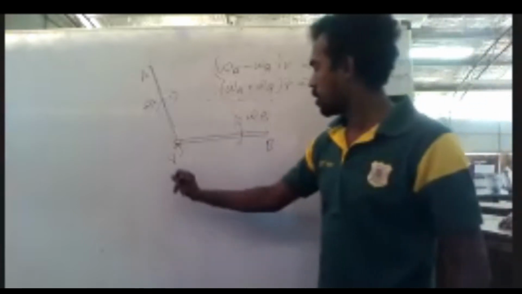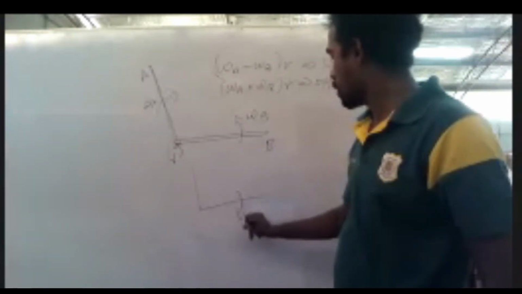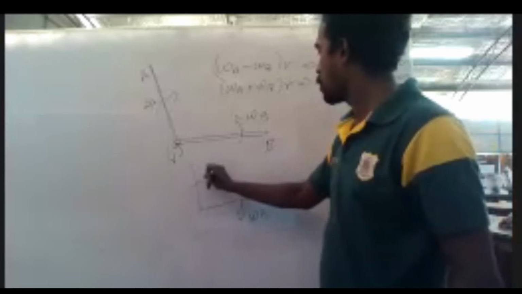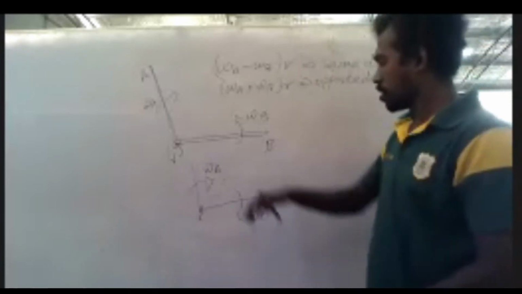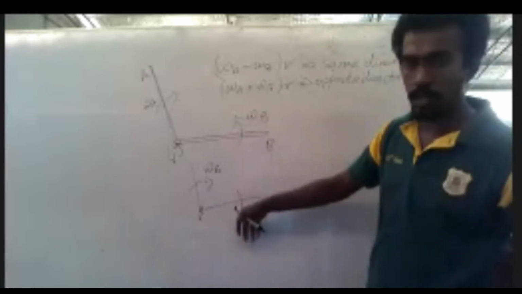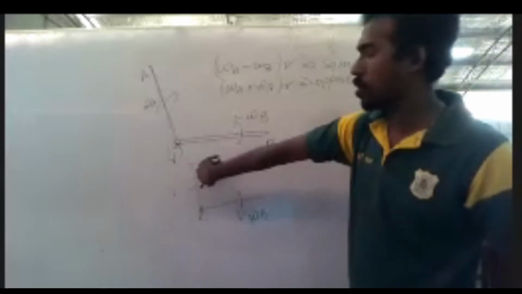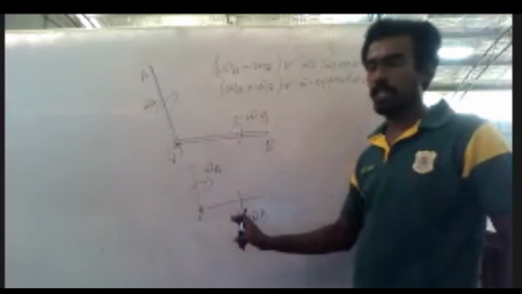In this case, this is omega B and this is omega A and this is our pin joint radius R. Here omega B is rotating clockwise and omega A is rotating clockwise, so both are moving in the same direction.